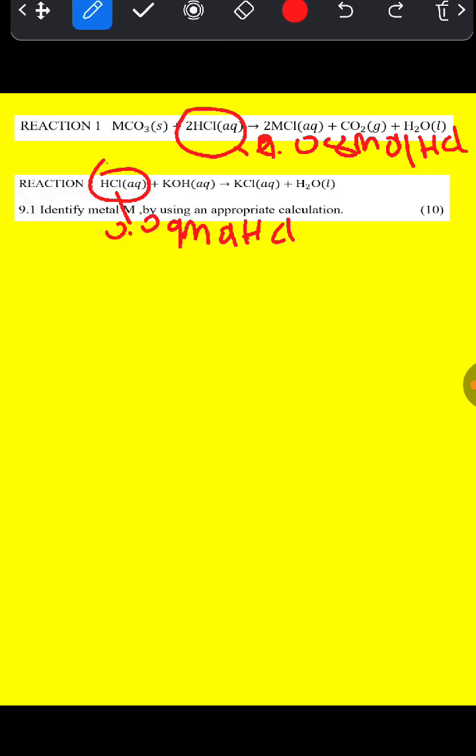Because HCl is an excess reactant, it will have initial number of moles, it will have reacted number of moles, and it will have unreacted number of moles, or the leftover number of moles.